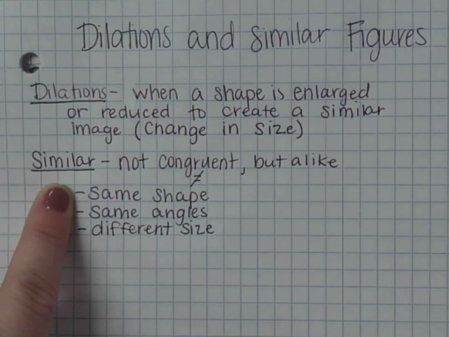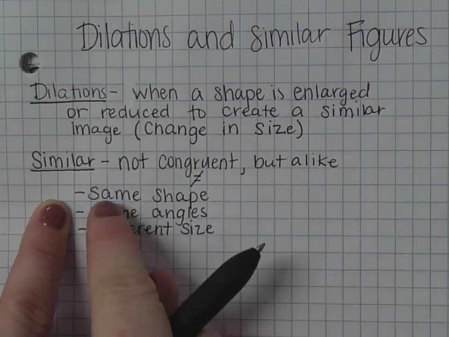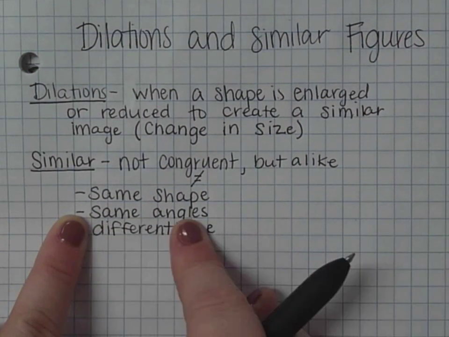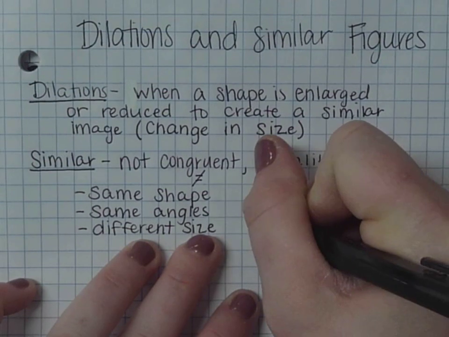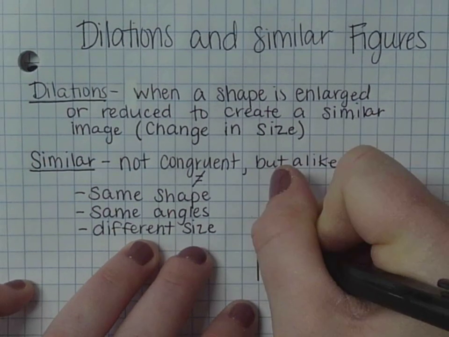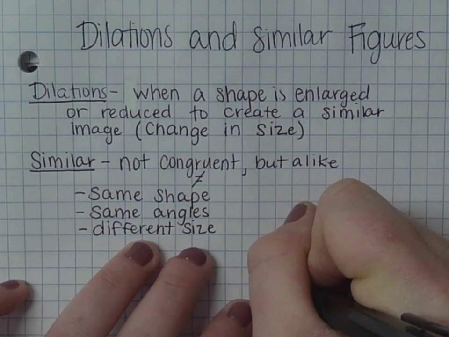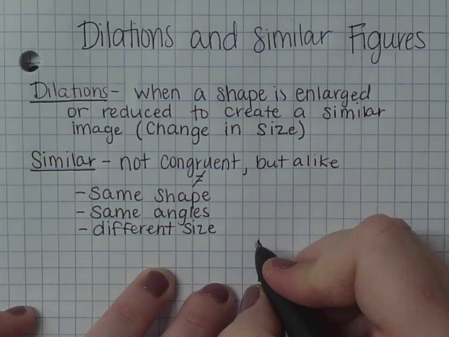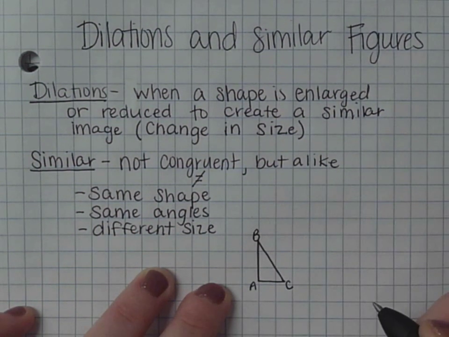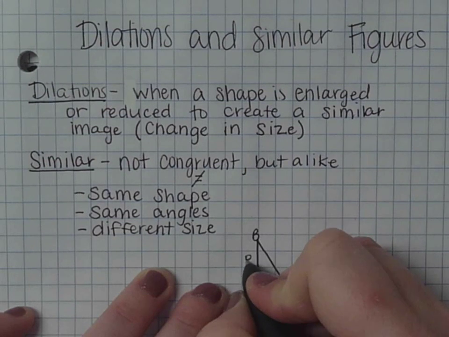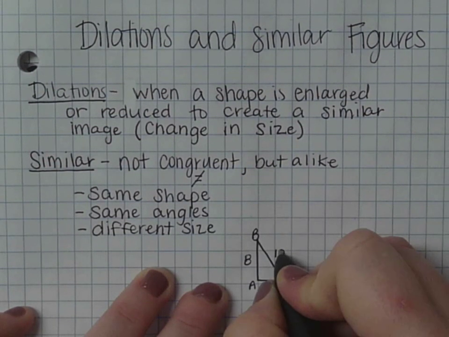And you'll see that symbol, but alike. They'll have the same shape, same angles, but they'll have a different size. So if I have this triangle right here, that's A, B, C, and then I have 8, 6, and 10.